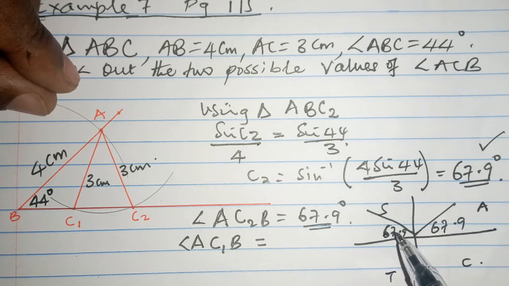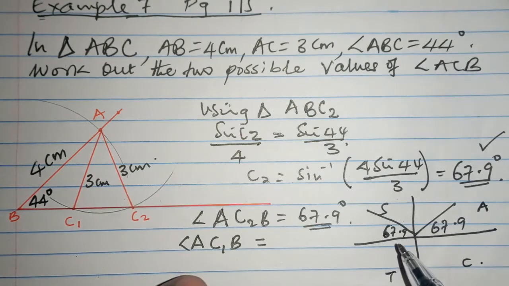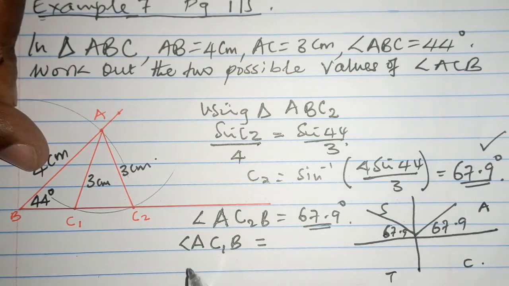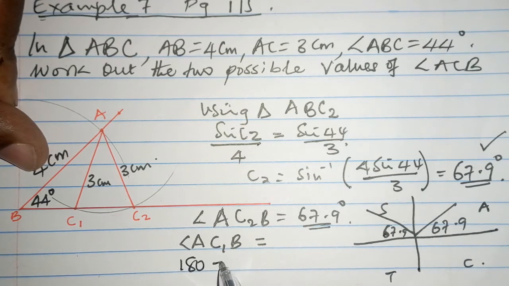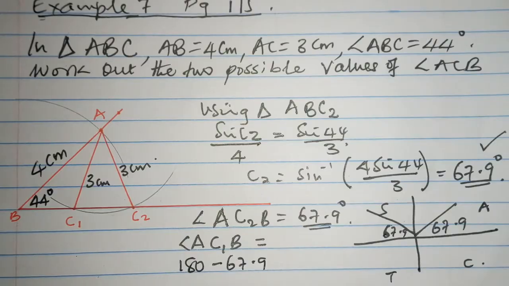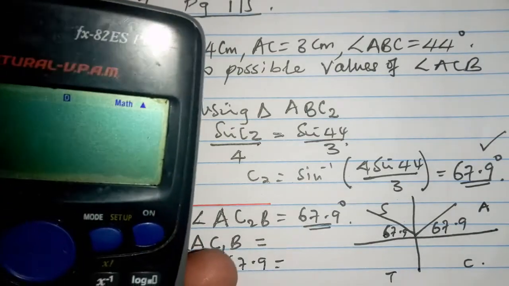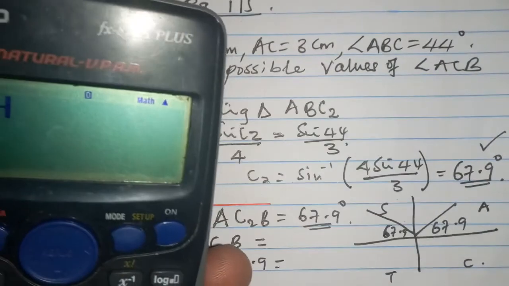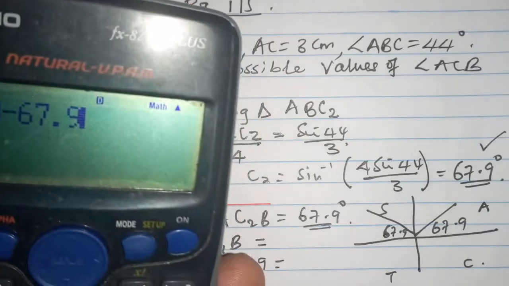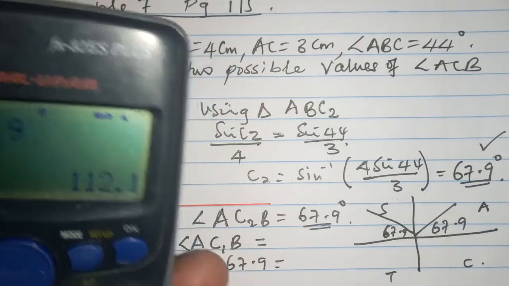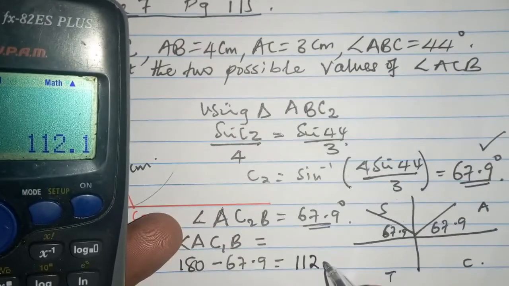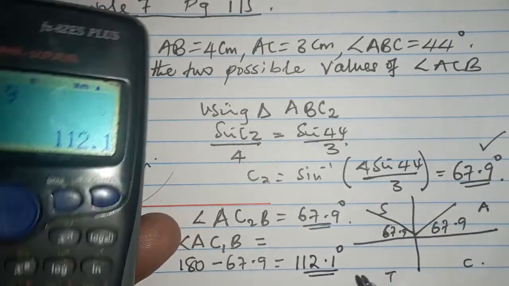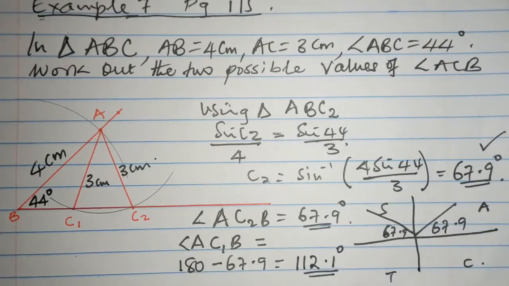So the other possible value of ACB is going to be 180 minus 67.9, which is 112.1 degrees.